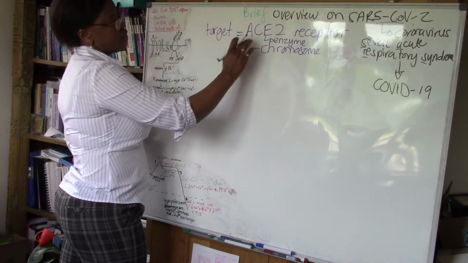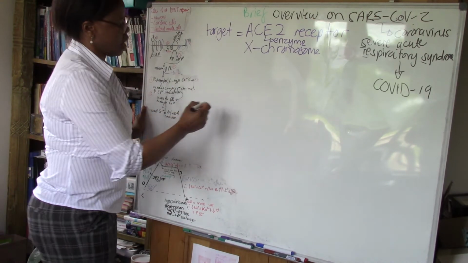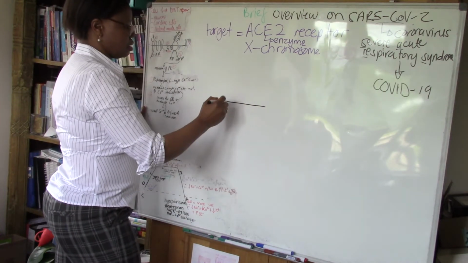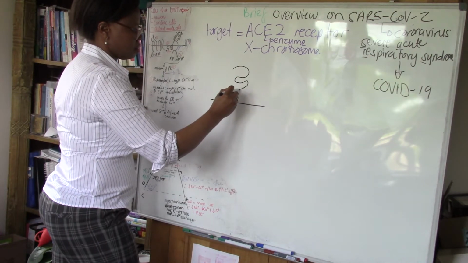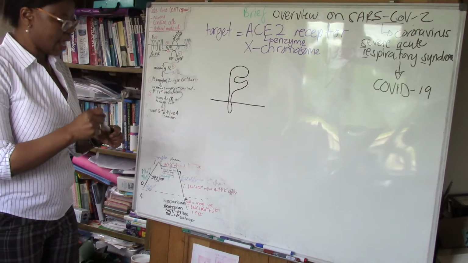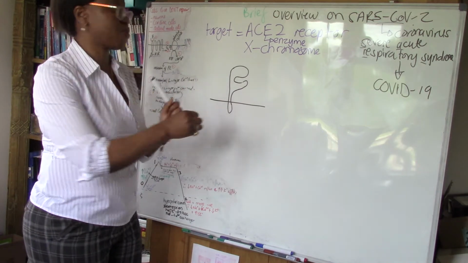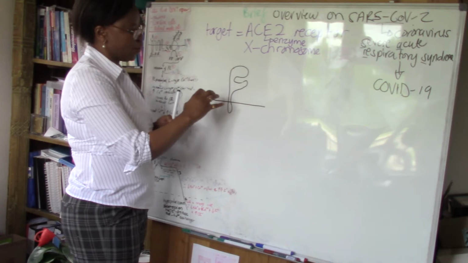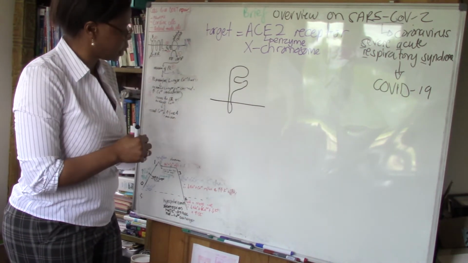So these receptors are normally expressed on a number of cell surfaces, and they probably look something similar to this, really. And this is just called a claw-like protease. That's what a lot of people are calling it, because it looks like a claw, it has sort of like a hook, really.